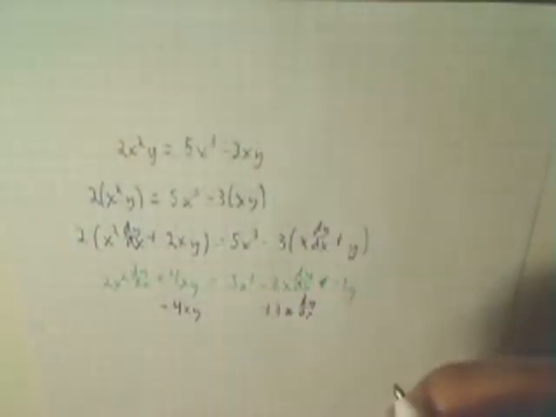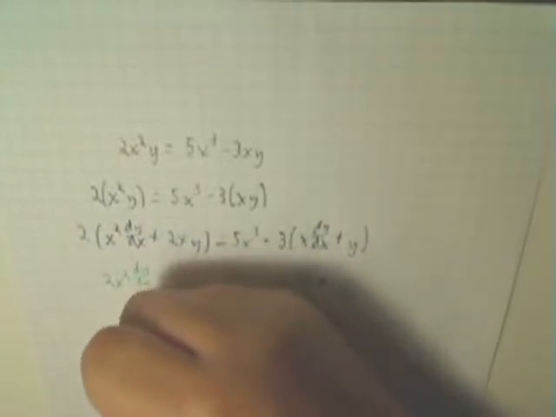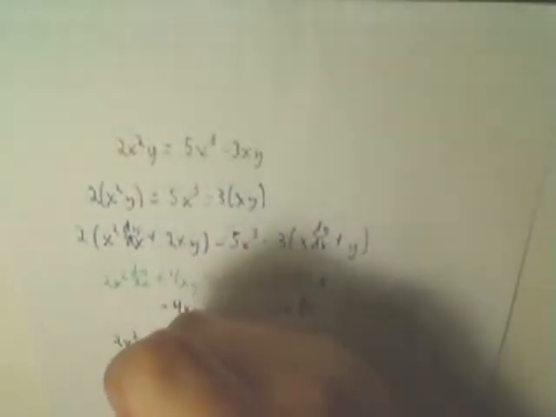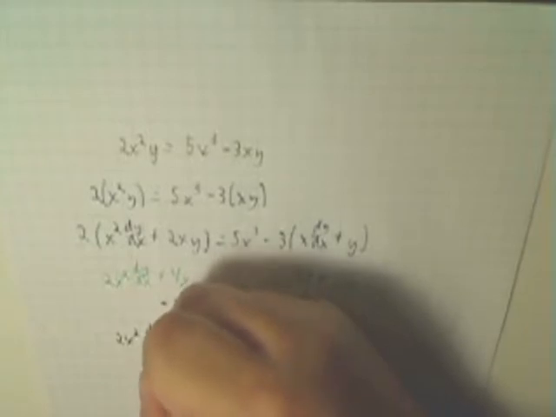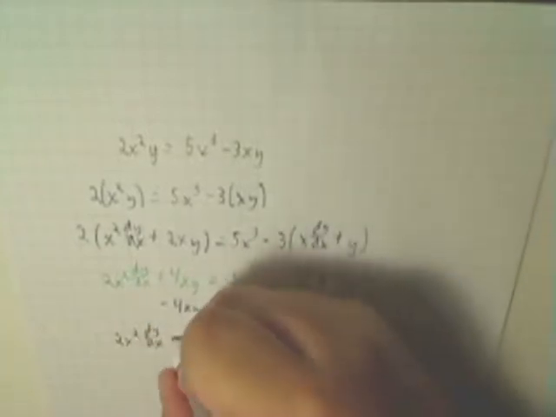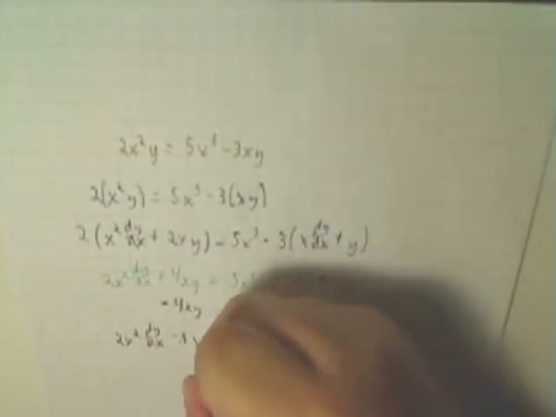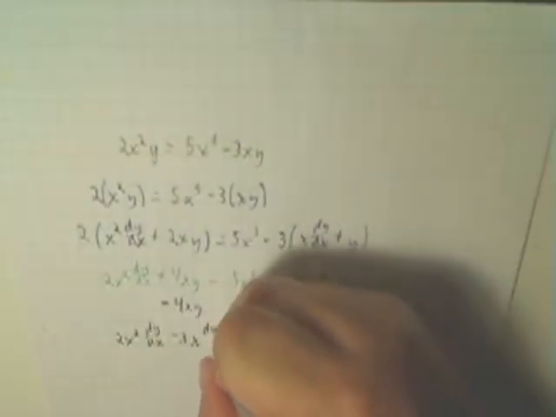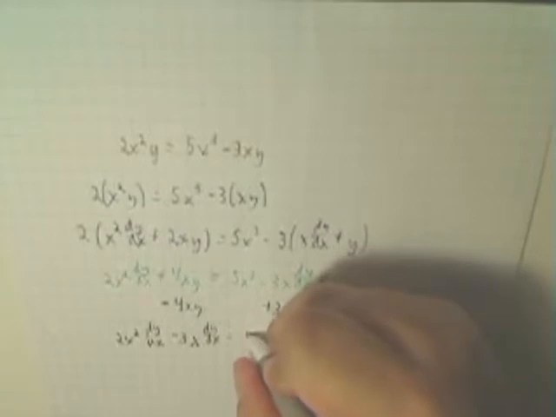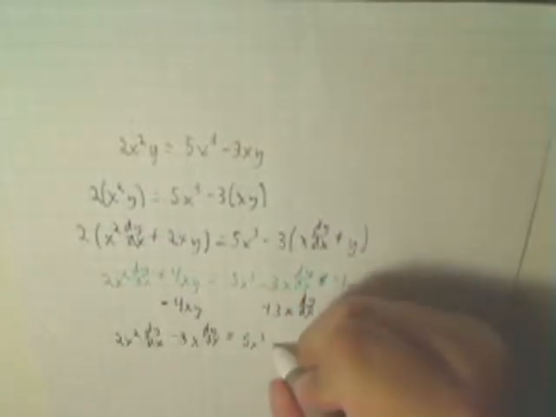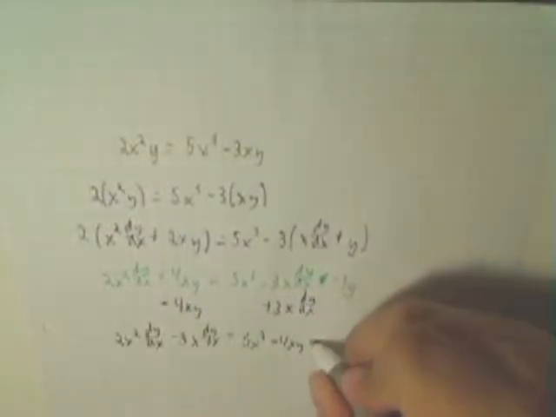Now what we are left with is 2x squared dy dx minus 3x dy dx equals 5x to the third minus 4xy minus 3y.